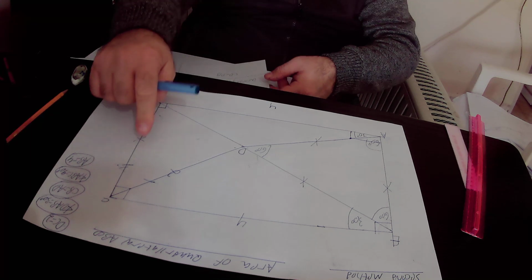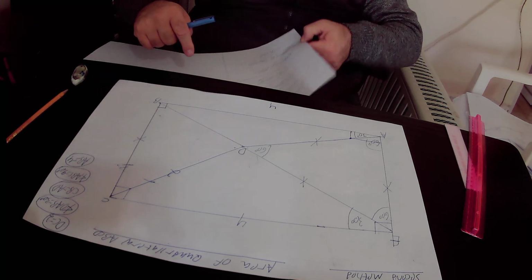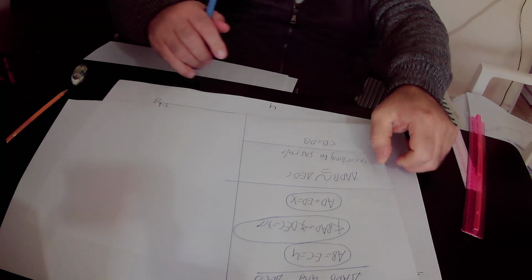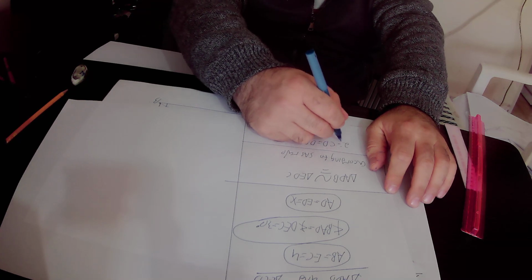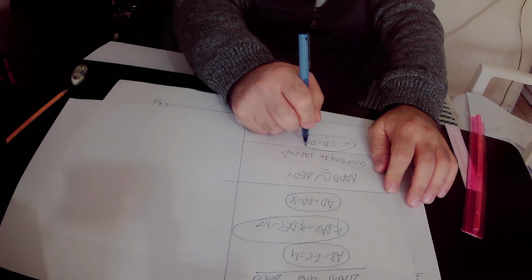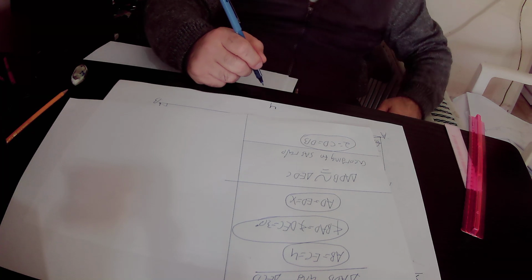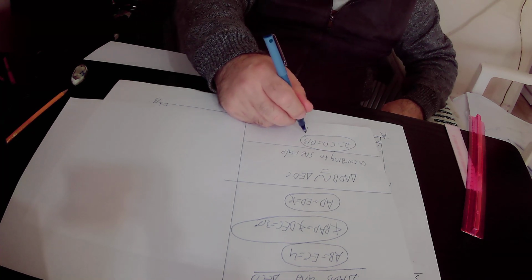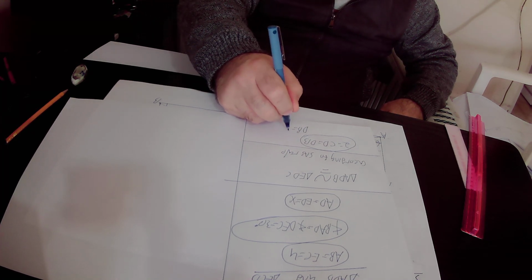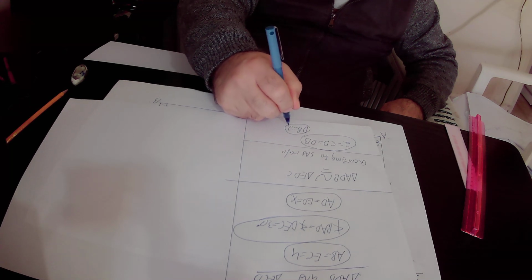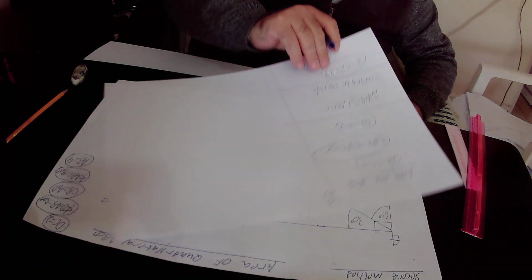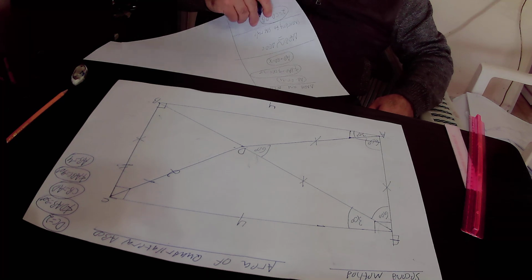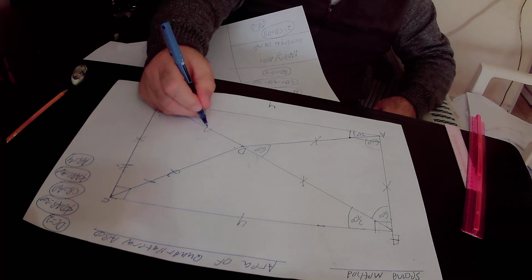But it is given in the question that CD equals 2 units. So we can write down that here CD equals 2 units, and from this equation, we derive that DB also equals 2 units.